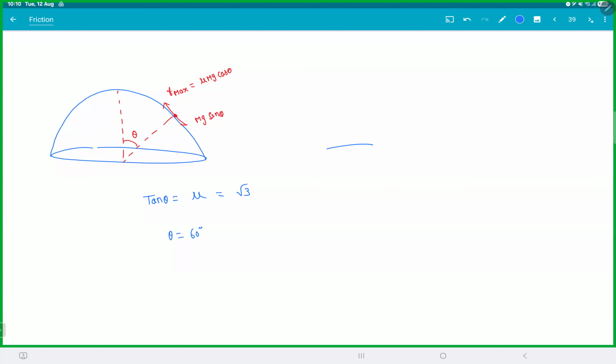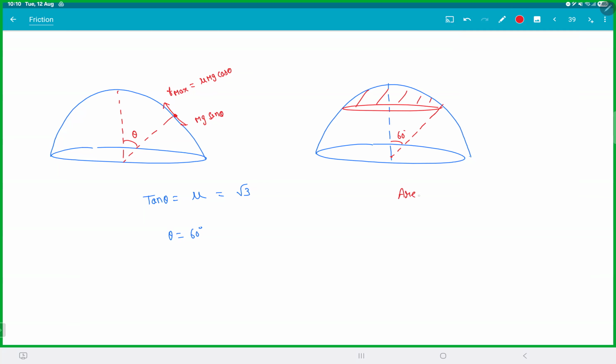The headache is the area part. If you don't know that calculus thing, you won't be able to solve this. This is 60 degrees. So this is the area covered. The formula is given by 2 pi r square (1 minus cos theta). This is pi r square.